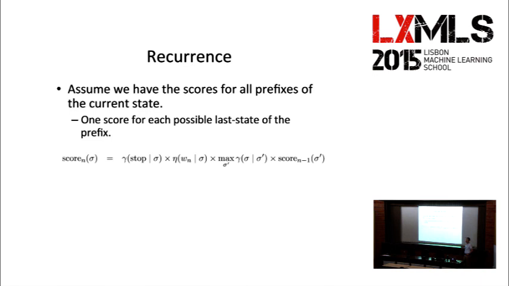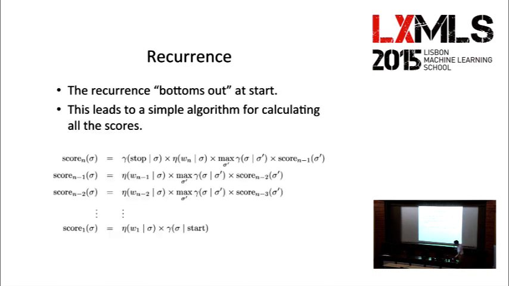And now we have a recurrence. I don't actually have to know what the state was at n-1. I just have to know the score of the best way I could have gotten to that state at n-1. So this is just showing it's the same thing to calculate the scores at n-1 given the scores at n-2. The only difference is there's no stop here because I'm not at the end.